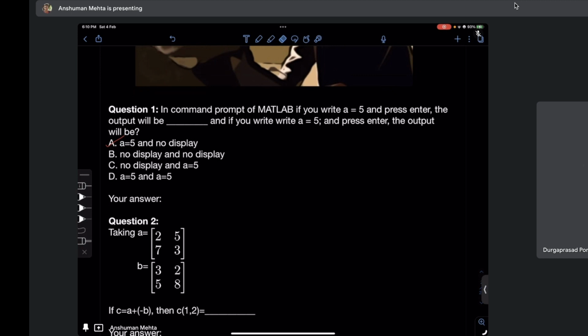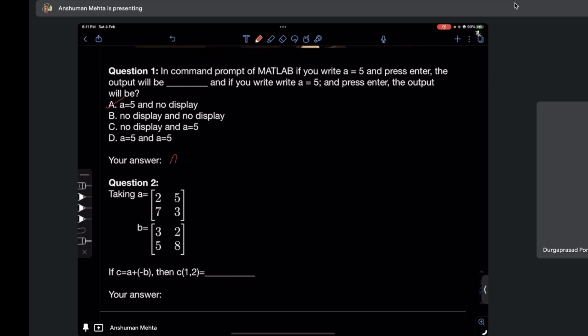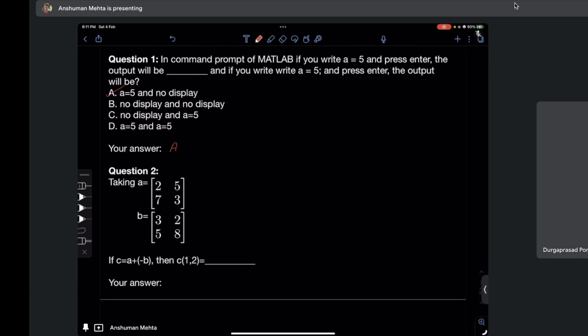Now moving to the second question. If A is equal to the matrix 2, 5, 7, 3, and similarly B is another matrix 3, 2, 5, 8, and in MATLAB you put C equal to A plus minus B, then C bracket 1 comma 2 bracket close will be how much? This is just to get you familiarized with the matrix notation as well as MATLAB notation.